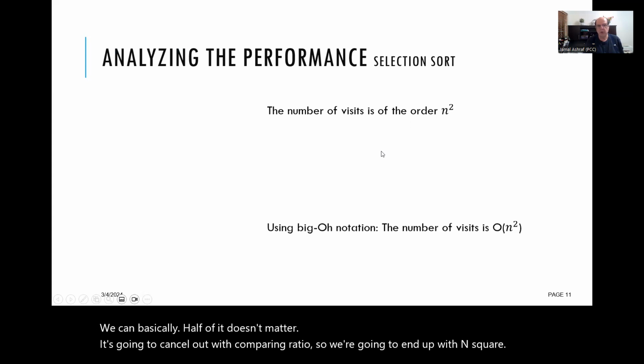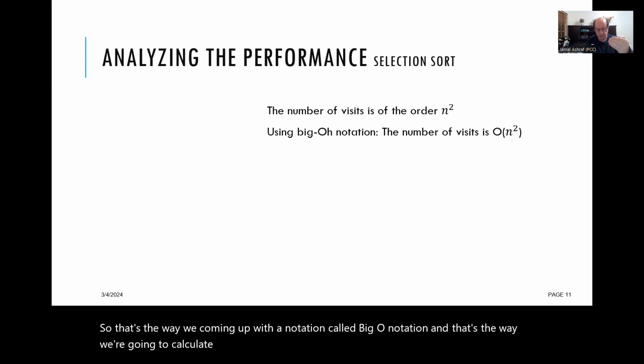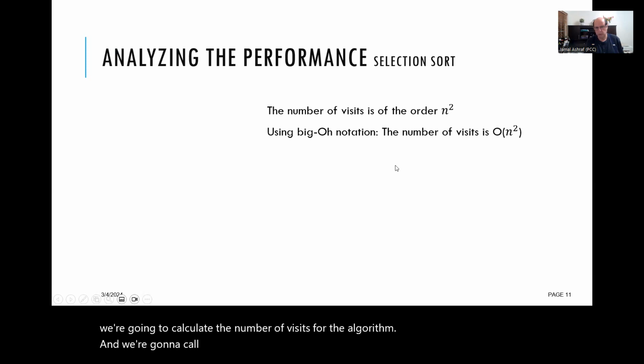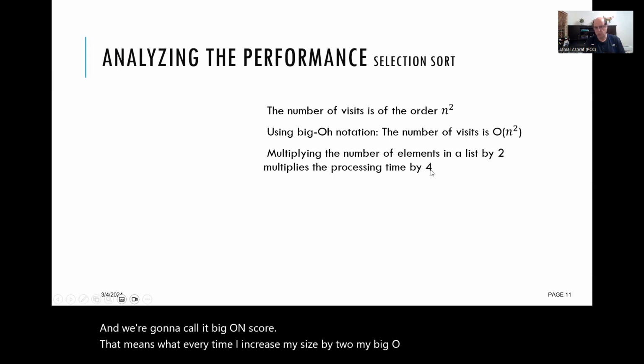So that's the way we're coming up with a notation called big O notation. And that's the way we're going to calculate the number of visits for the algorithm, and we're going to call it big O n squared. That means what? Every time I double my size, my big O n squared is going to be multiplied by 4.